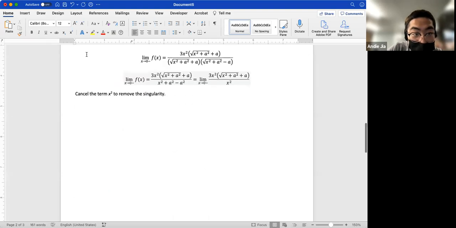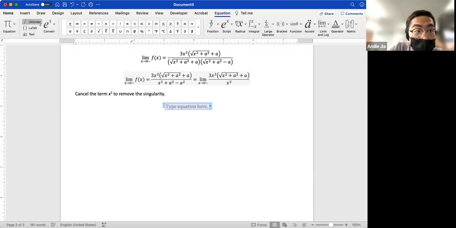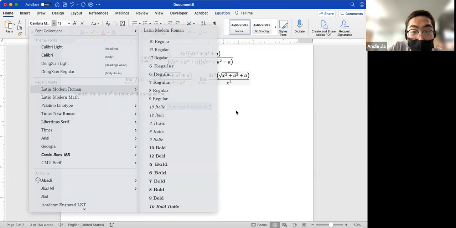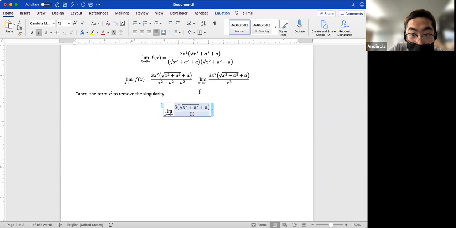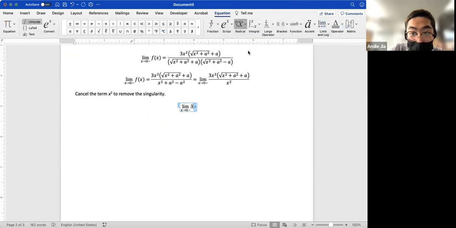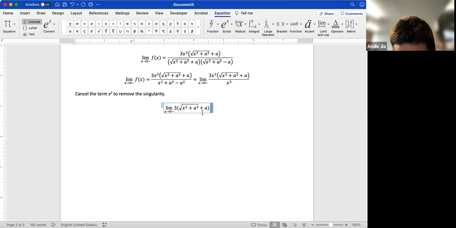And now we have this kind of thing. It's like the limit of 3 and x squared plus a squared, 3, like x approaches 0.